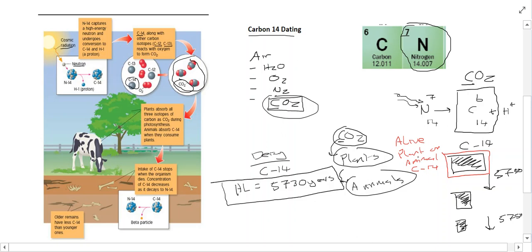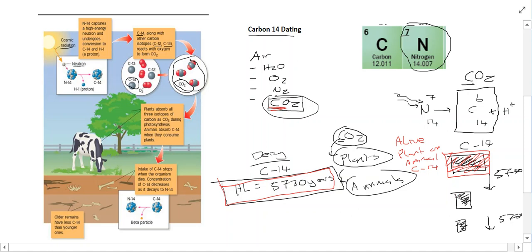Now, while the plant or animal is still alive, this will remain at this level because the animal or the plant will be constantly taking in CO2, and it'll be replacing it. As the CO2 is breaking down, it's being replaced. So it stays at this constant level, or this ratio. And then over time, when the plant or the animal dies, it stops taking in the CO2, it stops taking in the carbon-14, and as a result, the carbon-14 undergoes its natural process of beta decay, and it breaks down in a predictable way.